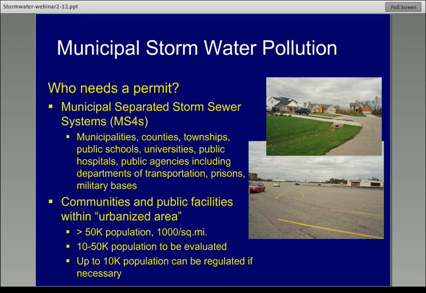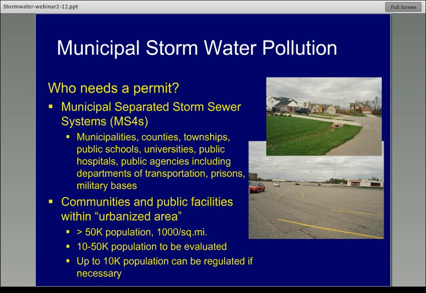And those entities are also supposed to be controlling stormwater and often have their own permit, or are more often connected to a neighboring municipal permit. They might be co-permittees in that sense.